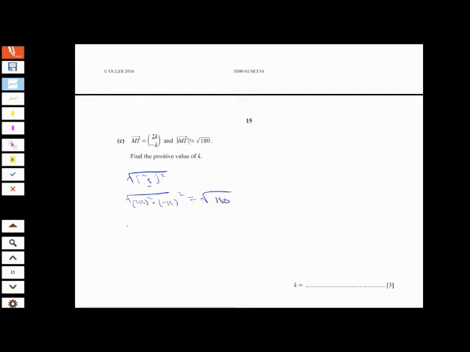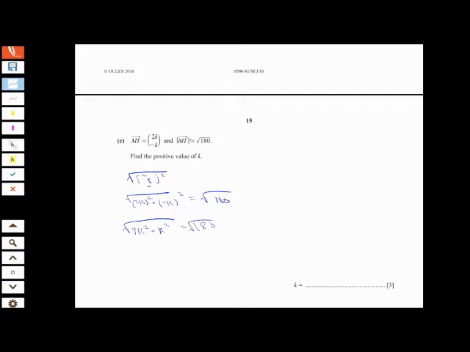Okay, now let's simplify. 2k squared: the square is for both, so 2 squared is 4, and k squared. And negative k squared is basically k squared, but minus, equals square root of 180.